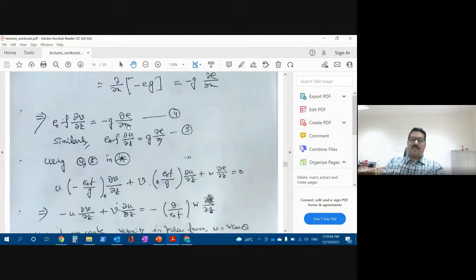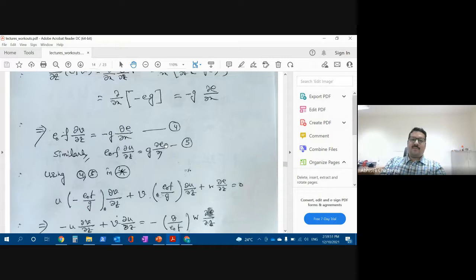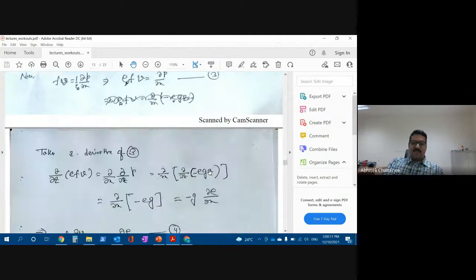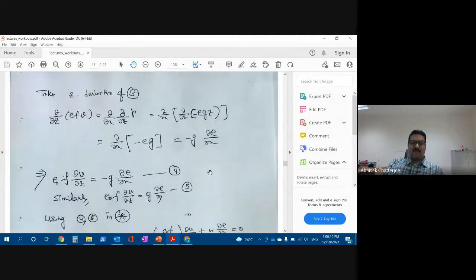Add these in this equation, and replace del rho del x, with g taken to the other side.